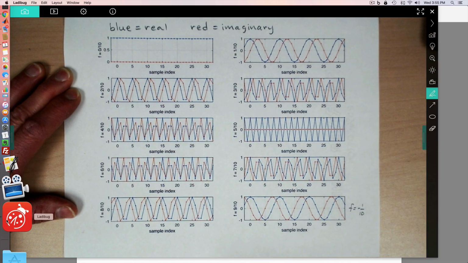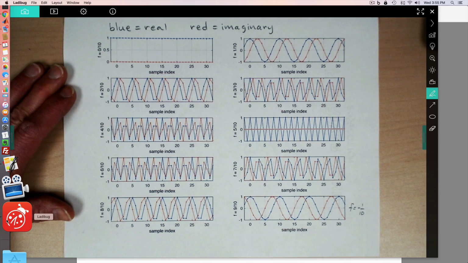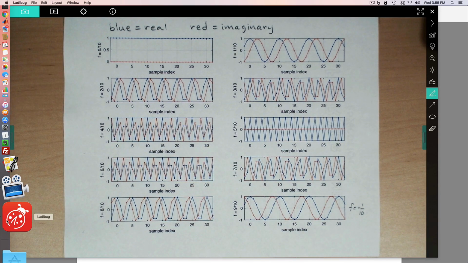But for negative frequencies, the sine leads the cosine by 90 degrees. And that is the main difference between positive and negative frequencies. For positive frequencies, sine lags cosine, or cosine leads the sine. For negative frequencies, cosine lags behind the sine, or sine leads cosine. That's all there is to positive and negative frequencies.